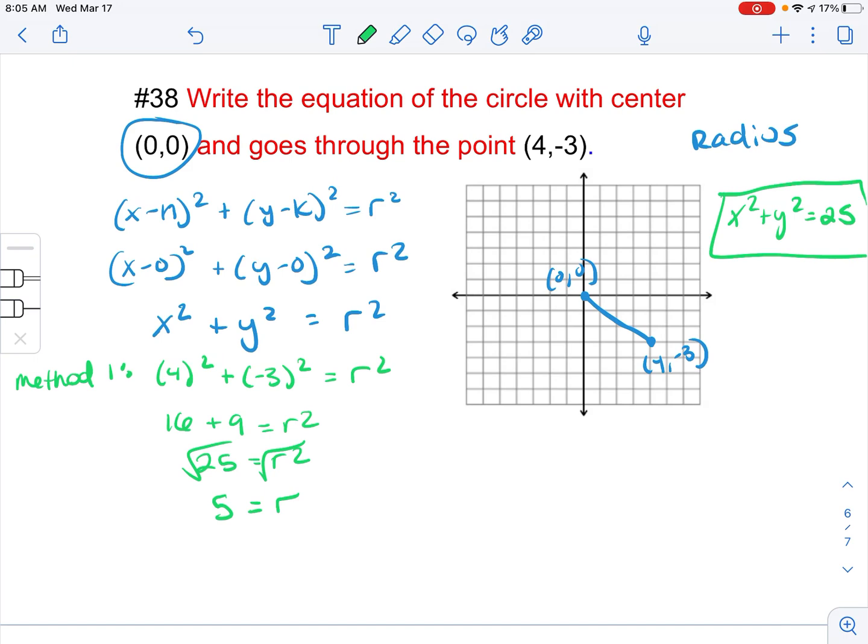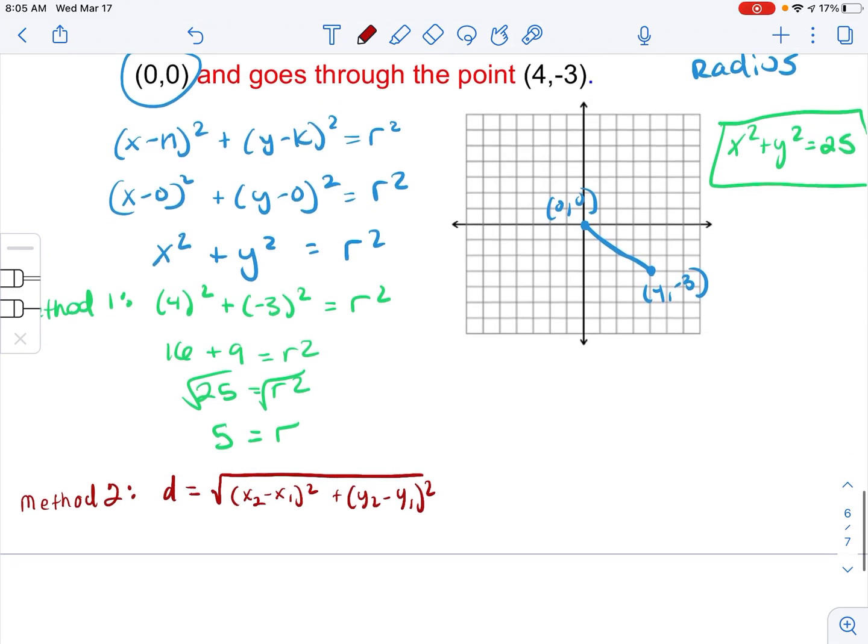Okay? But that's not the only way to do this, right? As I said before, we are trying to find our distance between those 2 points, right? So another option here is actually to use the distance formula, which you learned in geometry. The distance formula is the square root of (x2 - x1)² + (y2 - y1)². (x1, y1) being one of our points, in this case the center, and (x2, y2) being another one of our points, which in this case is the (4, -3).